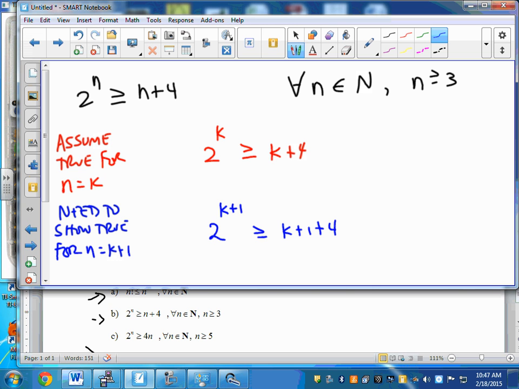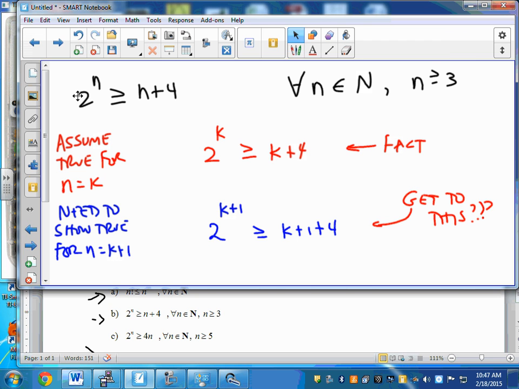Okay, so again, setting up the assumption and then the successor property or the inductive property: if this is true, assume this is a fact, how can you get to here? Get to this. Now, how you get to there, that's the crux of all inductions.